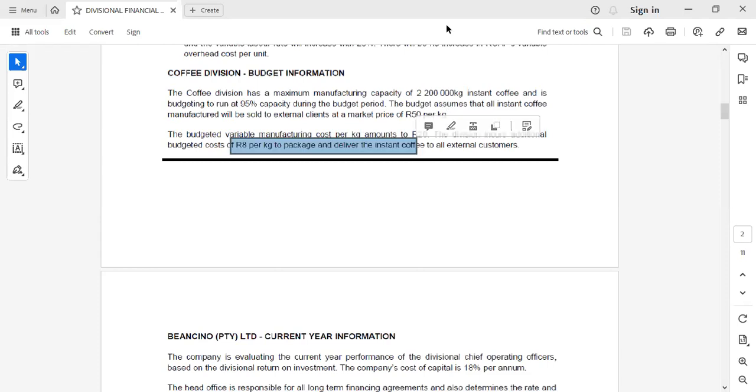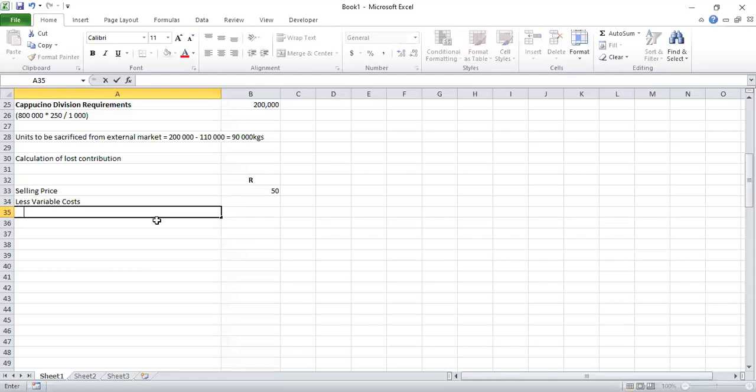Right. So we'd say variable manufacturing costs $20. We have got packaging and delivered, 8.